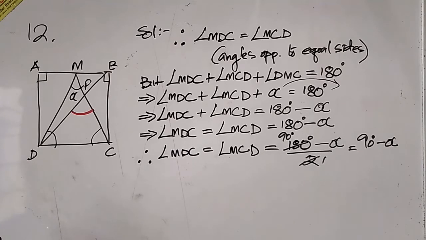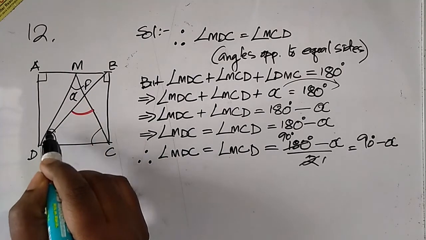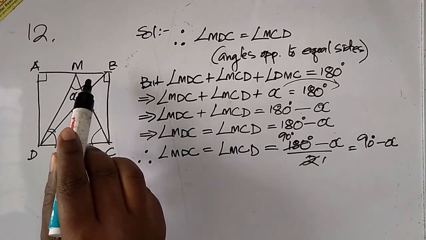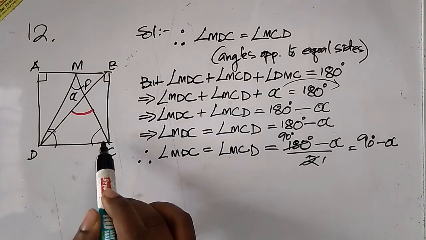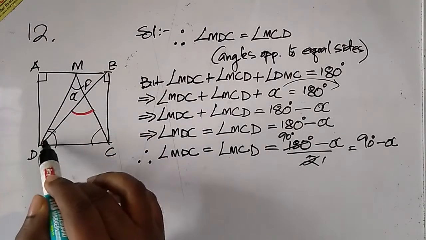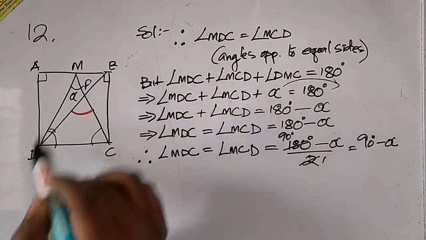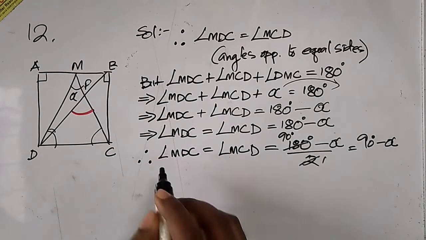Okay, so let us continue solving here. Now angle MDB, talking about this angle here, angle MDB, or we can say angle MDP. We can say either angle MDB or angle MDP. Okay, let me just write it here.